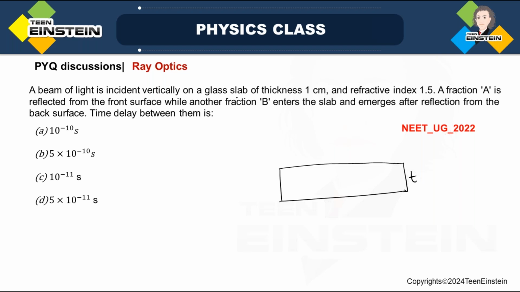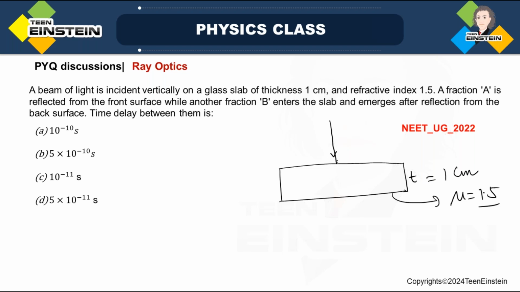A beam of light is incident vertically on a glass slab of thickness t equal to 1 centimeter, and the refractive index of this is also known, that is 1.5 for glass. When it is incident vertically like this, a fraction of light is reflected from the front surface, from here itself.